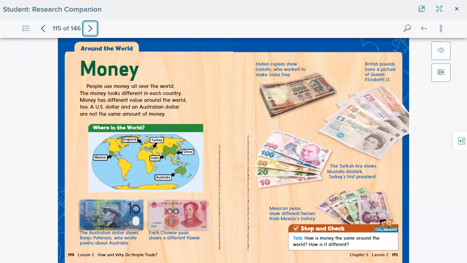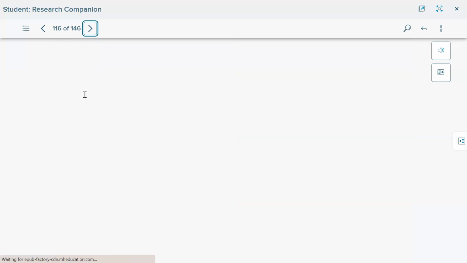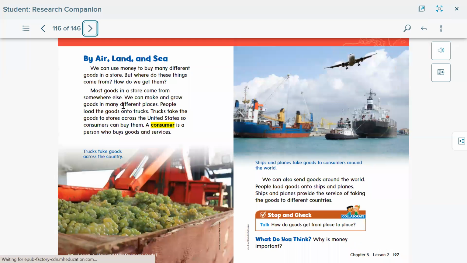And then we have the Mexican pesos, which show different heroes from Mexico's history. So as we see, different money, different colors, probably different sizes, and different art and pictures that relate to the country. So this is different money. All right, let's see by air, land, and sea. We can use money to buy many different goods in a store.